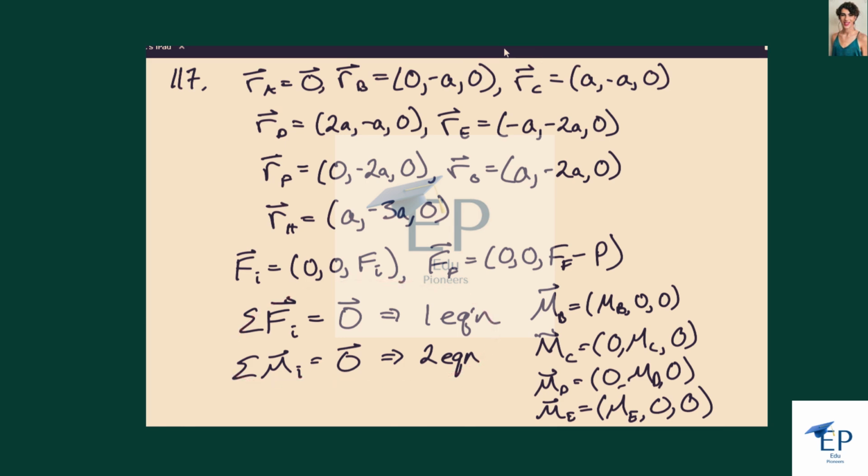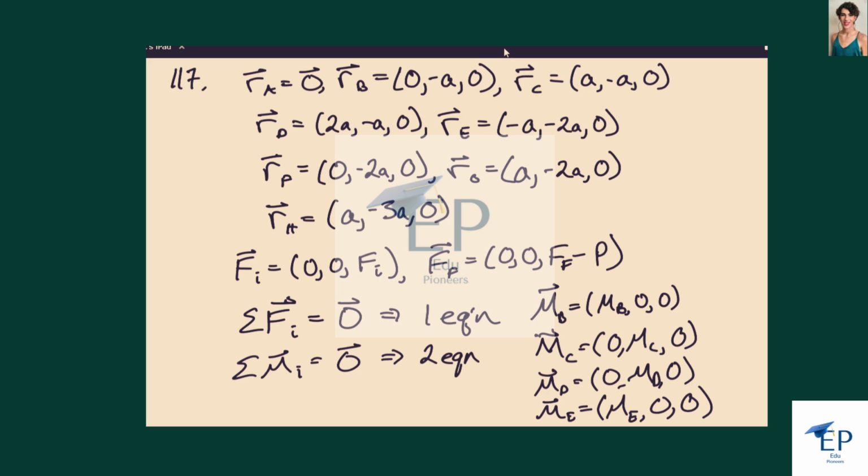But then we can say, well, there must be some moments acting at some of these junctions. So I assumed that there was a moment acting, basically no twisting moment, just a bending moment. So at point B, there'd only be a moment in the X direction, and at point C, there'd only be a moment in the Y direction.